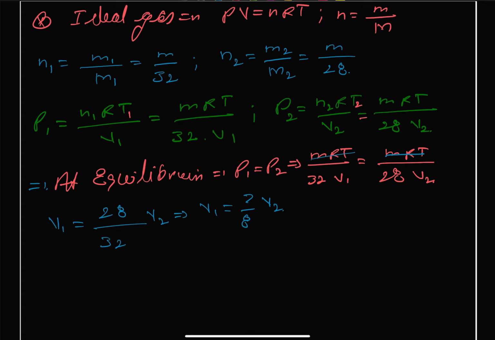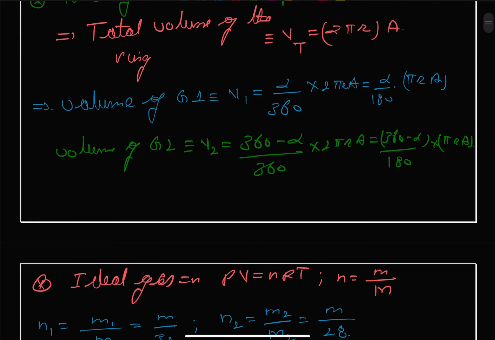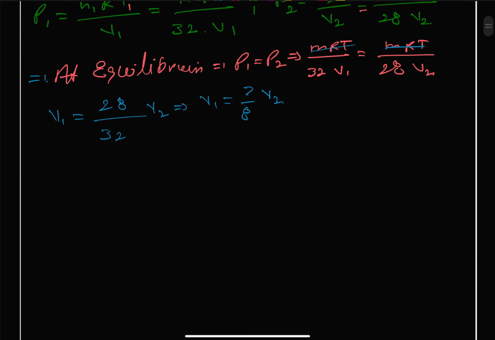Now we already know their respective V1 and V2 in terms of angle. So we have our V1 as well as V2, so we find out their ratio. Let me write it in the ratio form, much more easy to substitute later on.